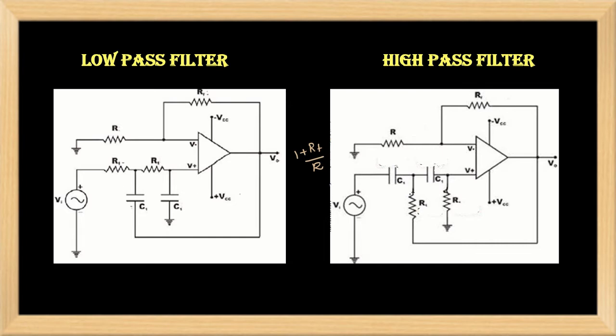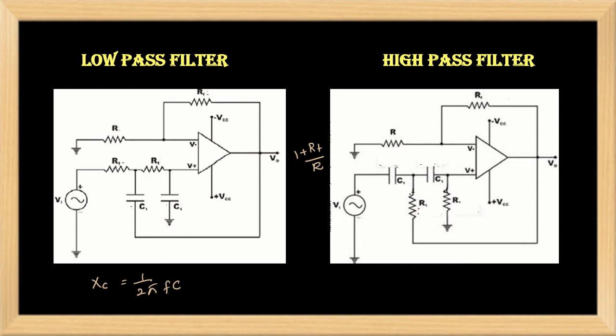Coming to the working of the low pass filter, we know that the reactance of the capacitor Xc varies inversely with the frequency, that is 1 by 2 pi Fc. So at low frequencies, this capacitive reactance will be very large when compared with the resistance of the resistor. So the capacitor offers very high resistance to the low frequency signals and it offers low resistance to the high frequency signals.